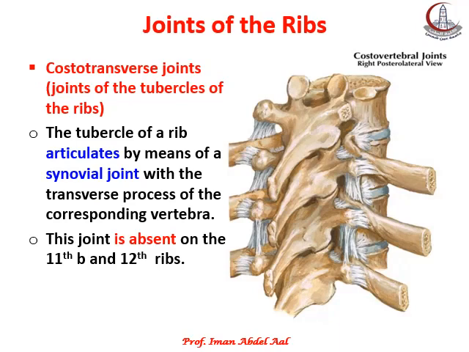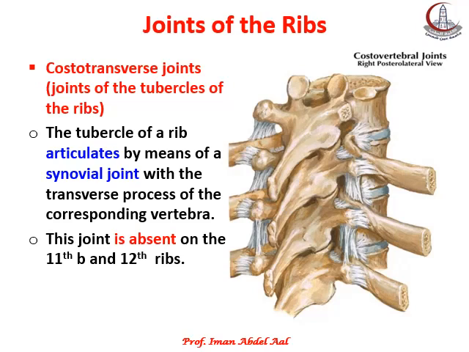The costotransverse joints are joints of the tubercles of the rib. The tubercle of the rib articulates by means of a synovial joint with the transverse process of the corresponding vertebra. So if this is rib number 7, this is going to be the transverse process of vertebra number 7.